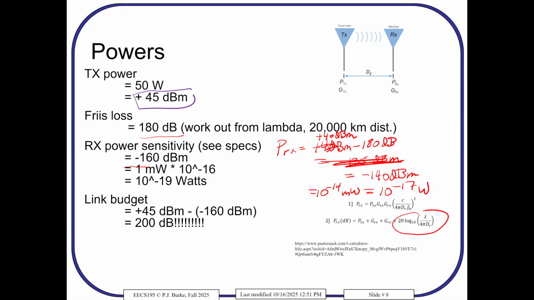Now the receiver sensitivity tells you the noise level of the receiver, and we discussed noise sum. And in order to spec that, you have to give a bandwidth, but implicit in there is the bandwidth of the GPS signal. So the receiver sensitivity is spec'd at minus 160 dBm, which is 10 to the minus 19 watts.